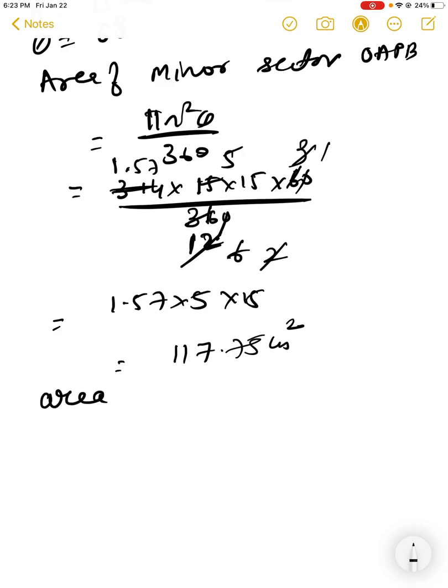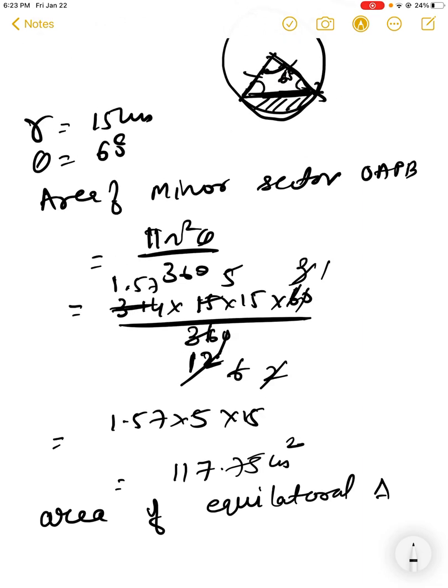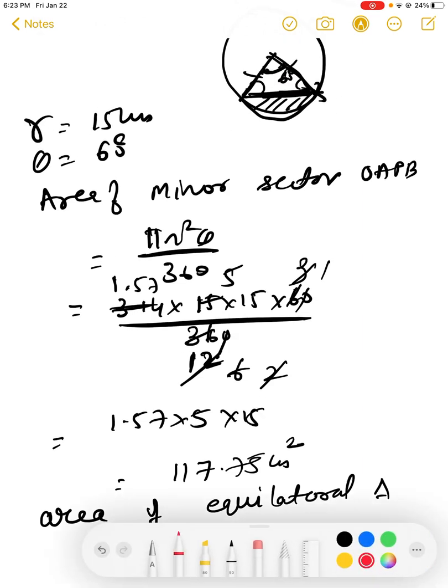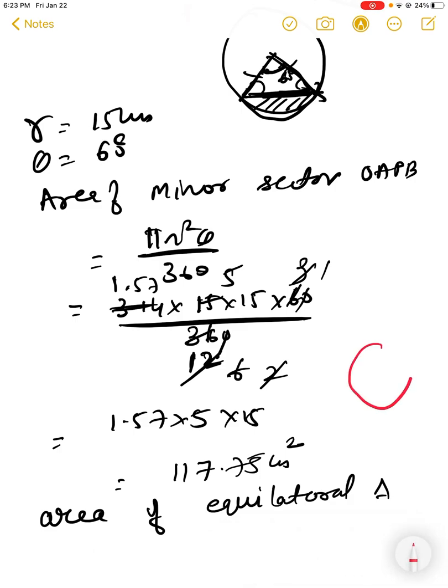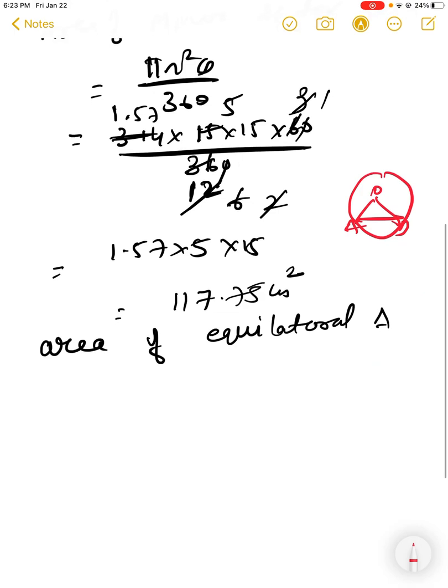So now to get the minor segment, next step we have to find out the area of the equilateral triangle. That is, triangle OAB area we have to find out. The formula is root 3 upon 4 into side square.